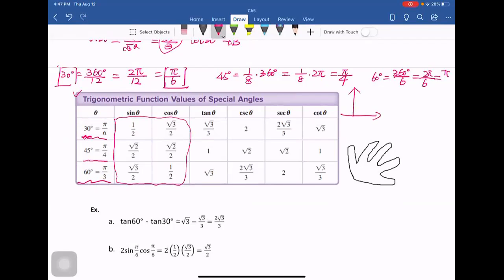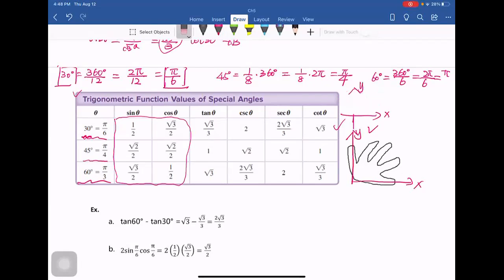Imagine that this is the xy plane, and the plane is divided by x and y into 4 quadrants: quadrant 1, quadrant 2, quadrant 3, quadrant 4. In the first quadrant, assume your fingers, your little finger and your thumb, are x and y.